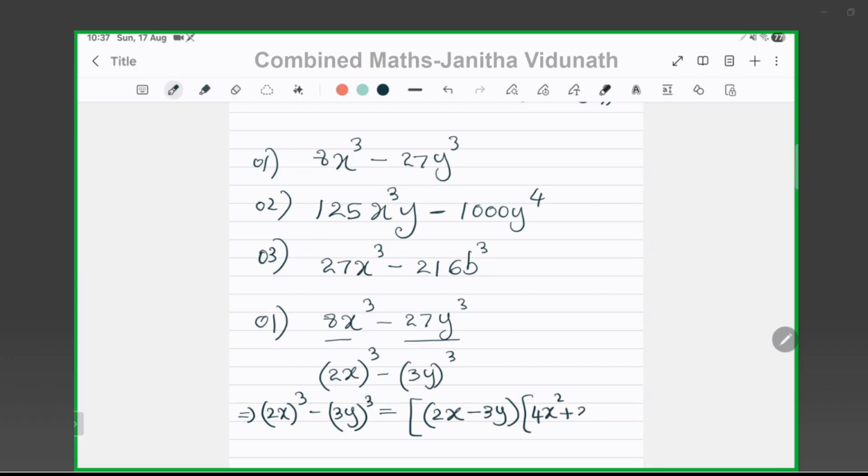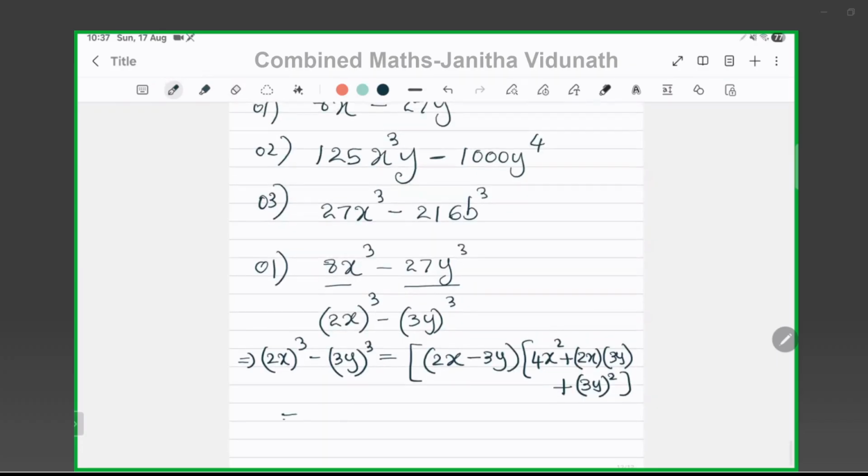That means 2x times 3y, and then always positive (3y) whole squared. Then finally we get (2x minus 3y) times the square of the first term, plus the multiplication of those two terms, plus the square of the last term.